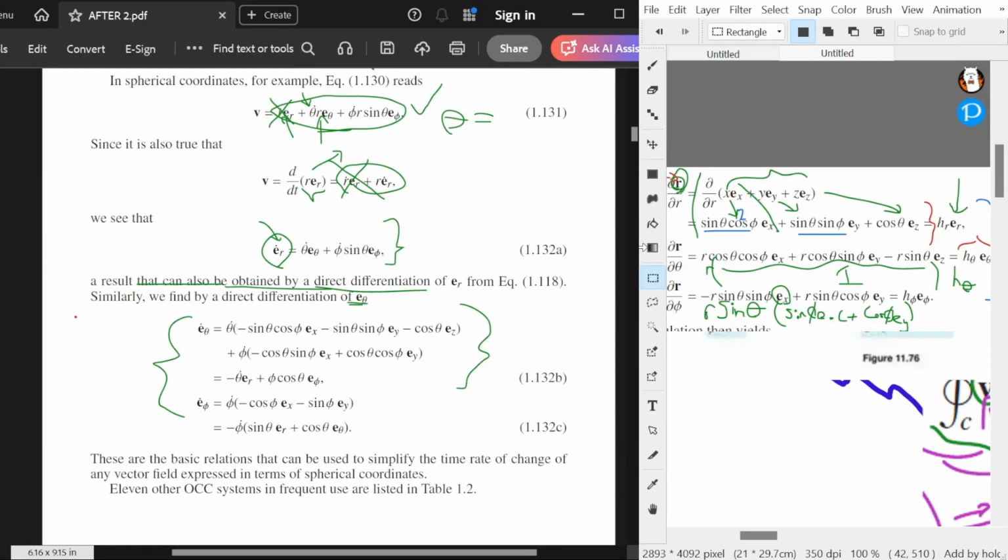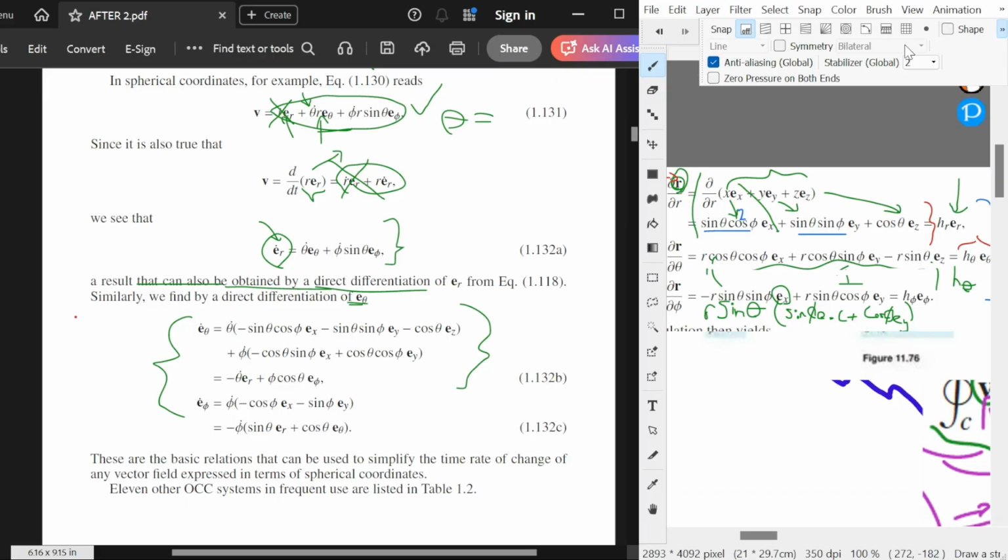Okay. So we have e_theta, h_theta equal all this stuff here. Oh, my color is white.